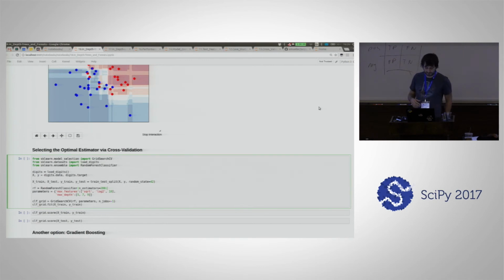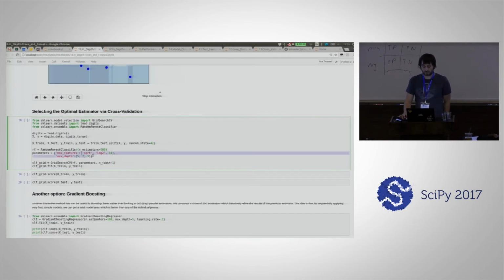Other options here, this is a digits data set, so I'm trying square root, which is 8, log 2, which is like 4 or something, and 10, which is just 10. This is one of the most important parameters that controls how different the trees are.